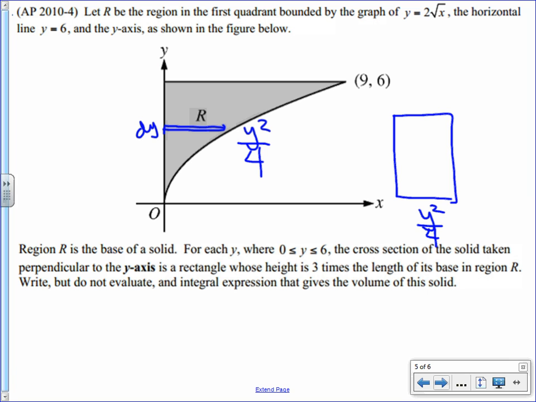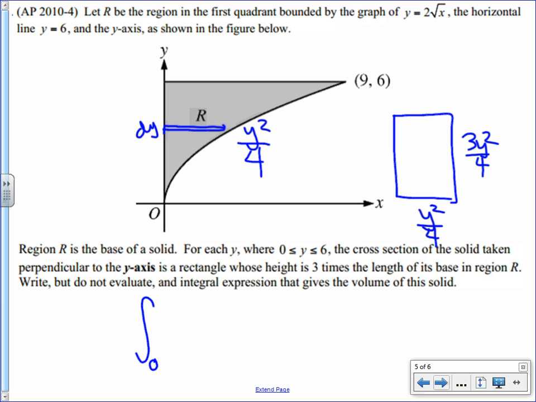Okay. Our rectangle has a height 3 times the length. So 3y squared over 4. Right? Okay. So our integral, we're summing up volumes from 0 to 6.